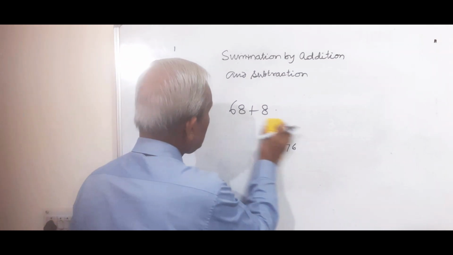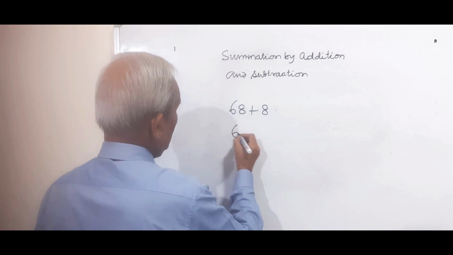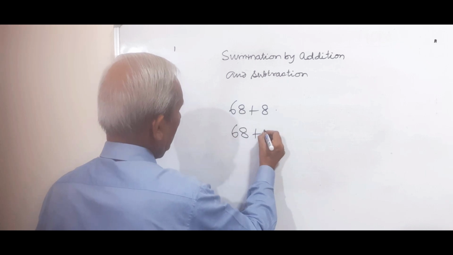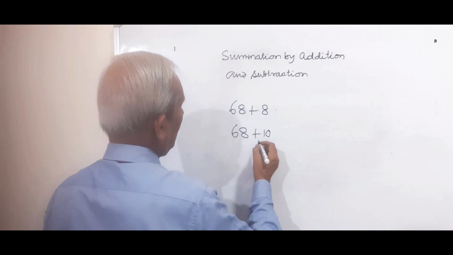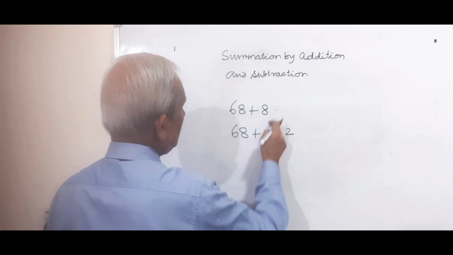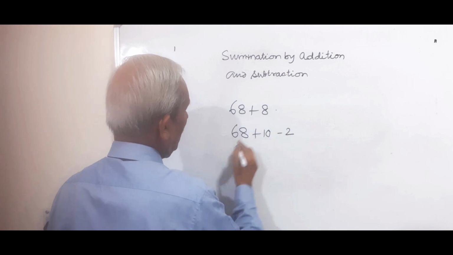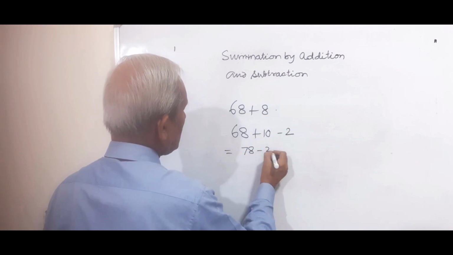The other way is that we take 68 plus 10, and then minus 2. Because we have taken 10, we have taken 2 more, so minus 2. 68 plus 10 is 78, minus 2 is 76.